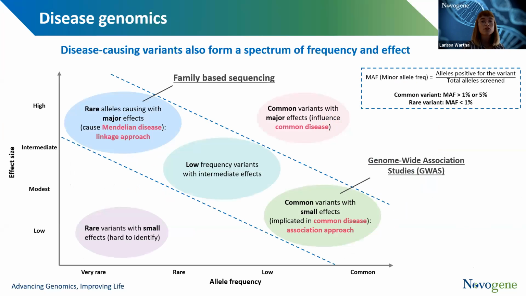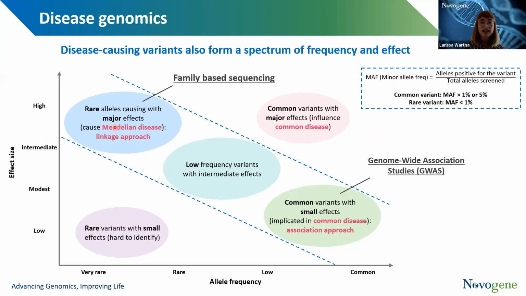The spectrum of disease-causing variants is based on the frequency of the allele and its effect. The minor allele frequency is defined as alleles positive for the variant over total alleles screened. Generally, a common variant is over 1% or 5%, and a rare one is under 1%.